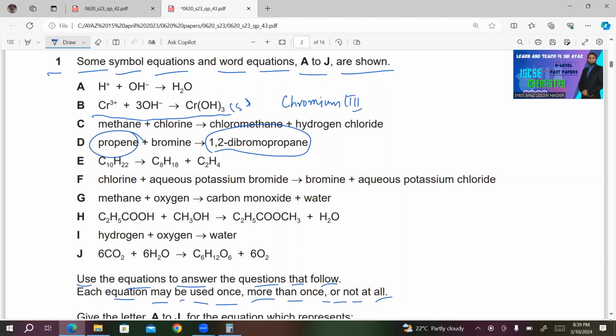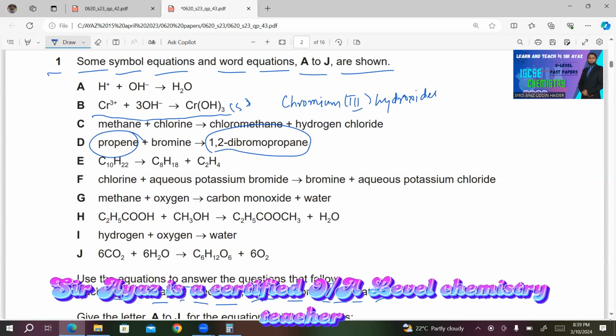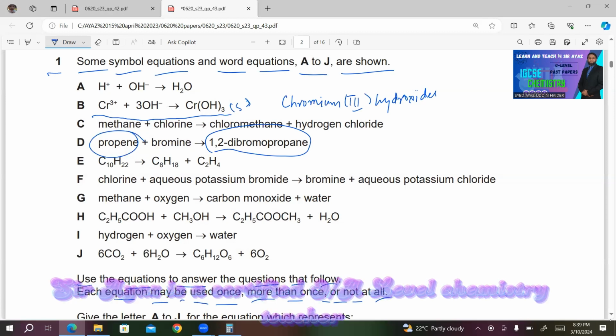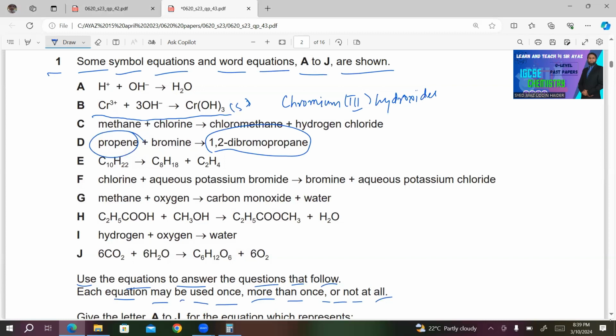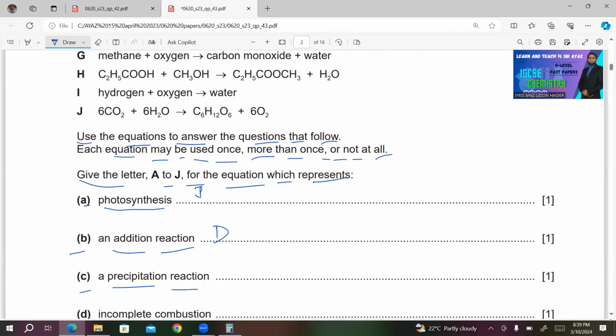So all the hydroxides are insoluble, with few exceptions, that's group 1 and from group 2, especially the metals in group 2 below in the group. Fine. So B will be the right answer for number C.